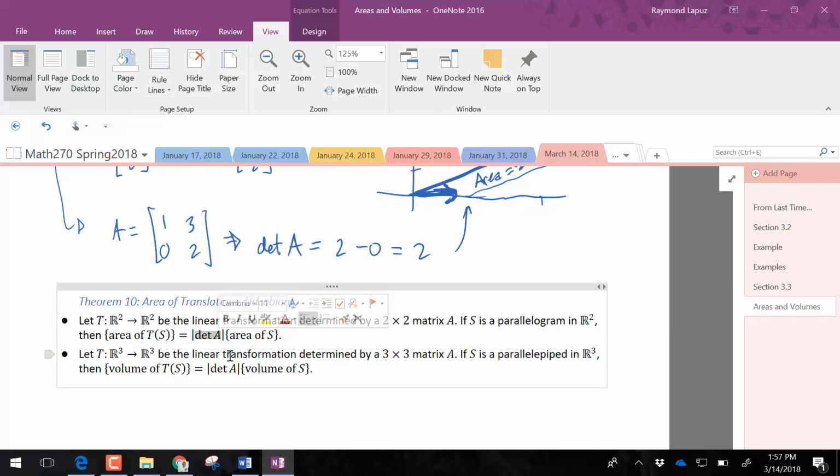If you move from one object that is hard to integrate to another object that might be easier to integrate, then you need to compensate for how the area changes. So the change of coordinate system will rely on the determinant of your transformation.